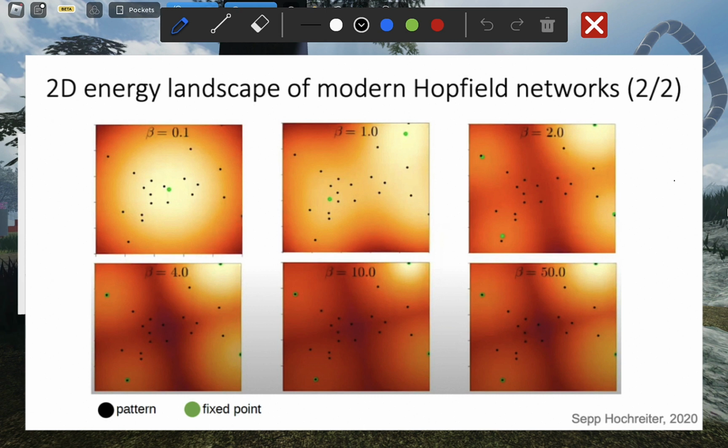Right. Yeah, I had a question about the paper with the X to the N, I forgot the other author in addition to Hopfield. Krotov? Yeah.